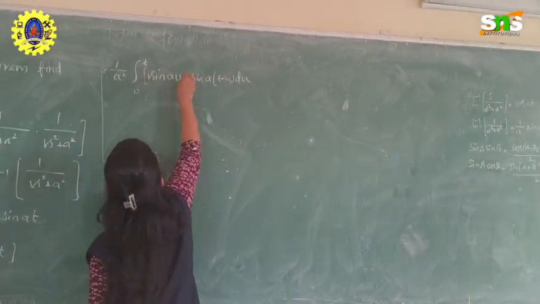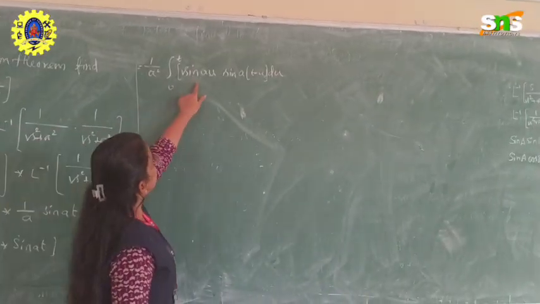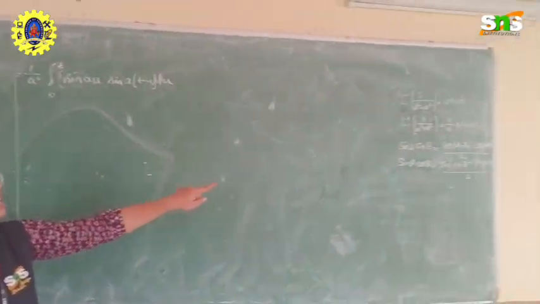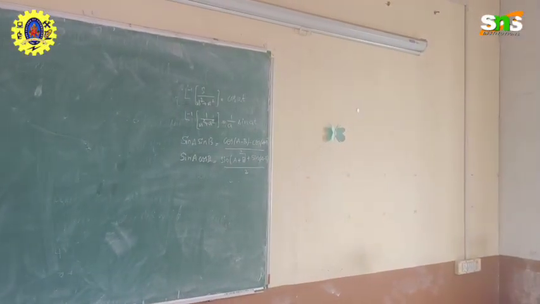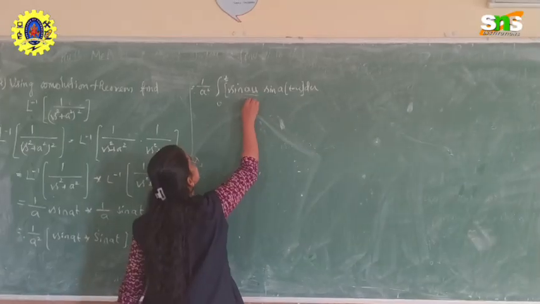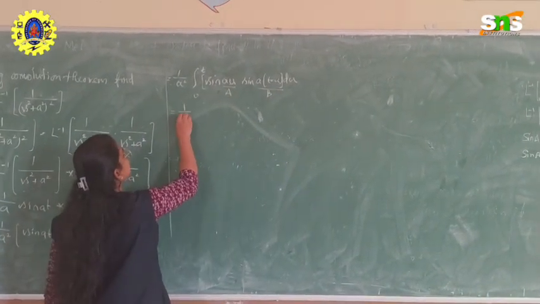Now, before integration, I'm going to apply the sin A sin B formula. The sin A sin B formula is cos(A minus B) minus cos(A plus B), divided by 2.